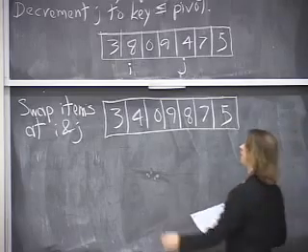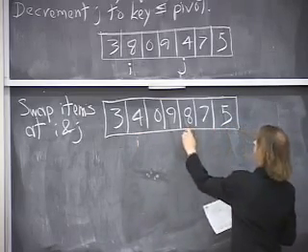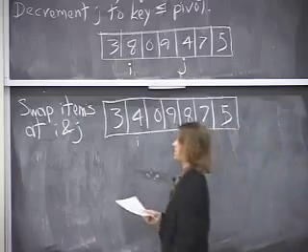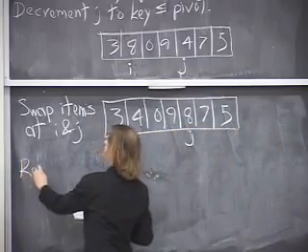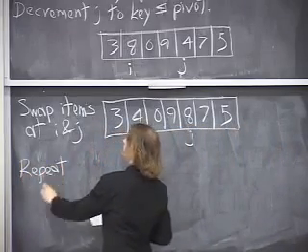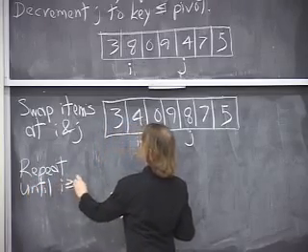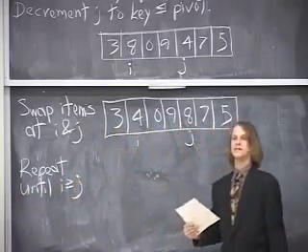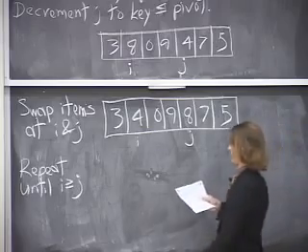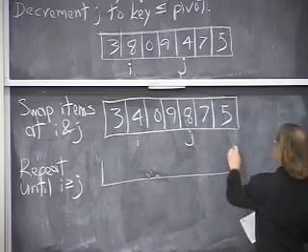And then we're going to repeat this process, the last two steps, over and over again, until the two pointers, i and j, cross. So we advance again.